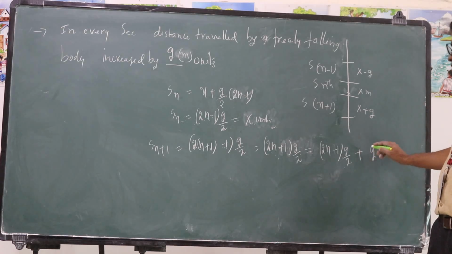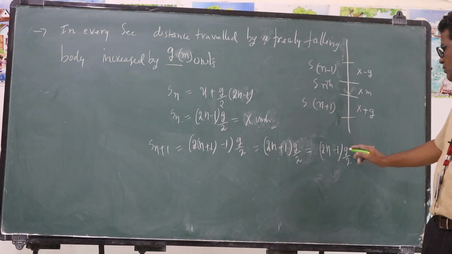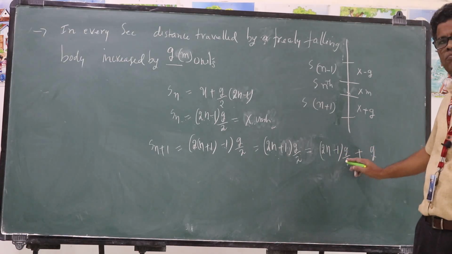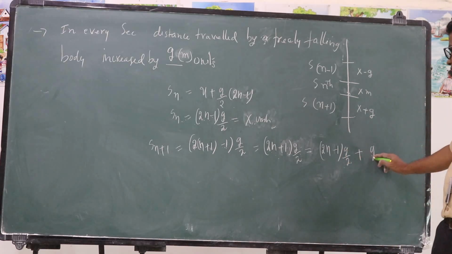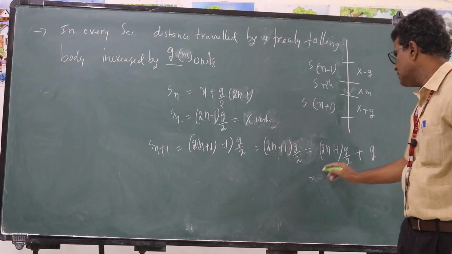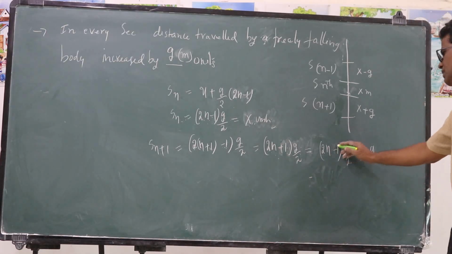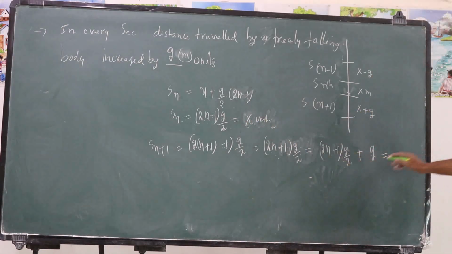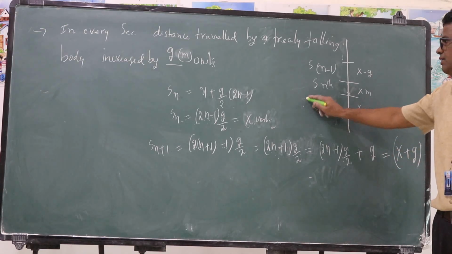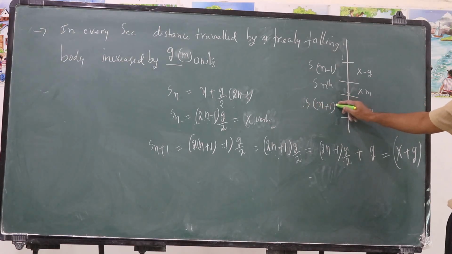Minus half becomes plus half, g by 2. So 2n minus 1 into g by 2 is x units, and this is x plus g units. So the distance traveled in the n plus 1th second is x plus g.